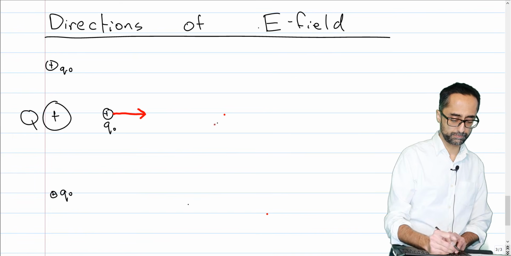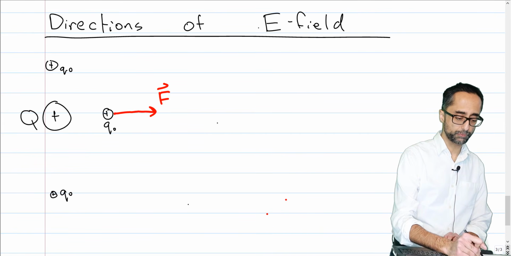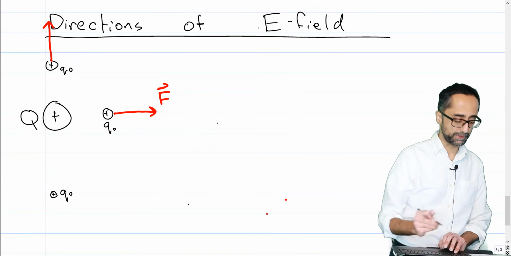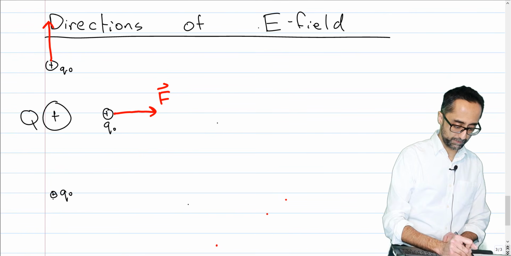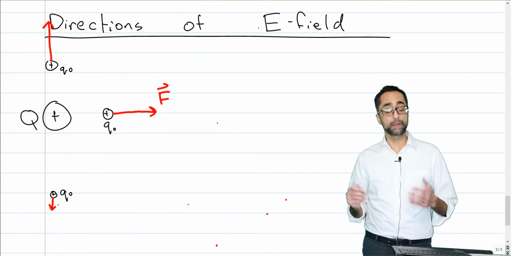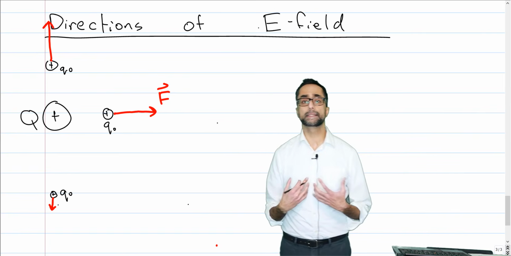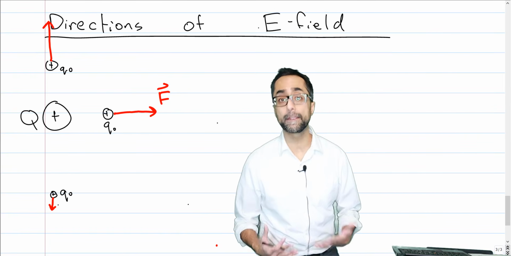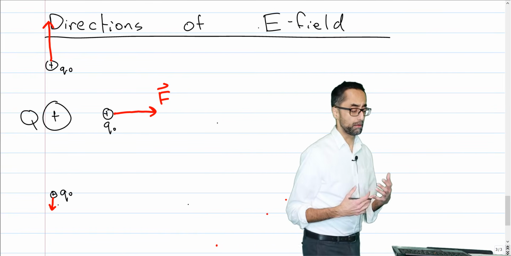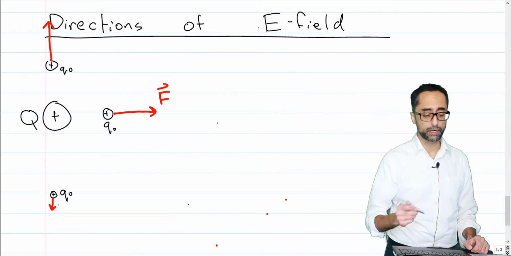We'll call that F. This one should also be about the same size, while this one will be far, far smaller because it's farther away. But in all cases, the force is in the direction away from our positive charge.